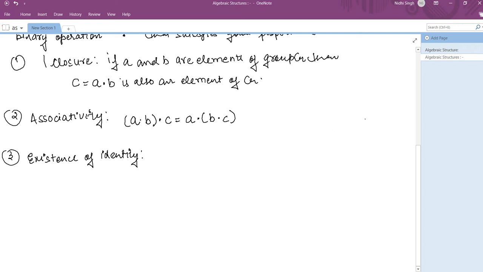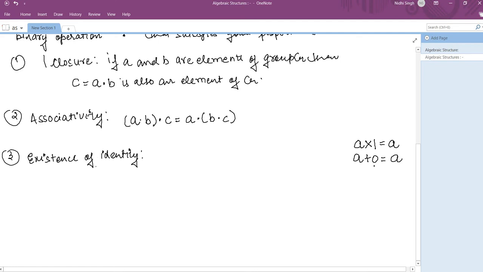If your element is A and you multiply it by 1, it will give you the same result, the mirroring concept. For addition, if you add 0, you get the same result. So for addition, the identity element is 0, and for multiplication, the identity element is 1.